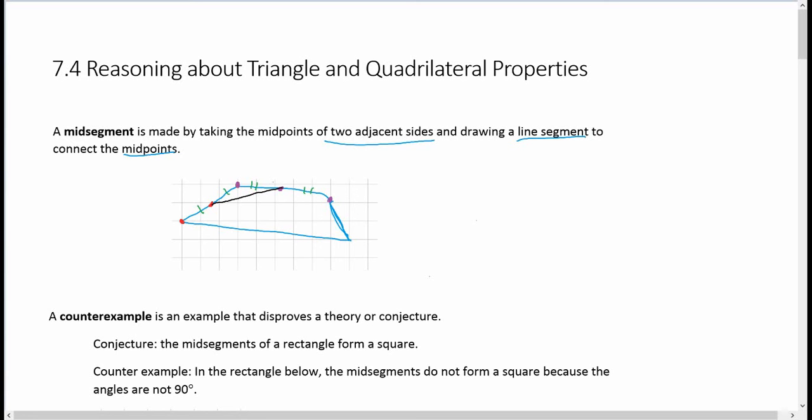We could continue to do this for all of the sides of this quadrilateral. We can continue to find the midpoint and the other midpoint, and draw all the midsegments inside the quadrilateral. Notice how it also formed a quadrilateral?